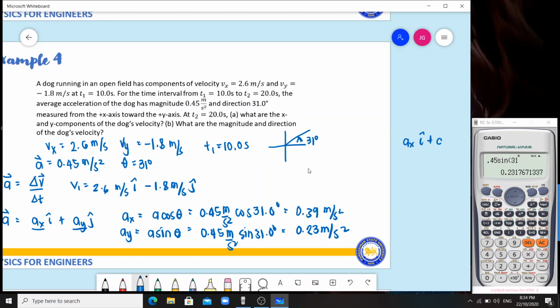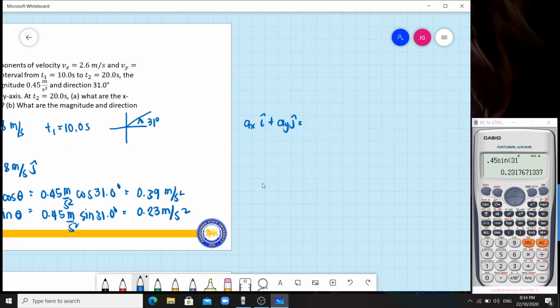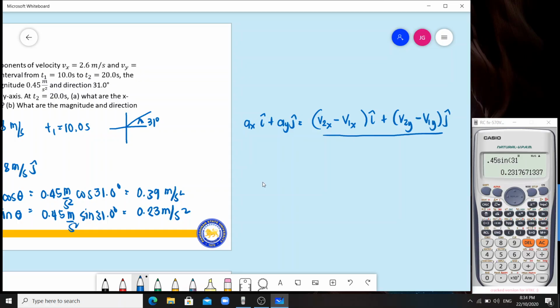AXI plus AYJ is a result of V2X minus V1X, diba? I plus V2Y minus V1YJ over 20.0 seconds minus 10.0 seconds, diba?